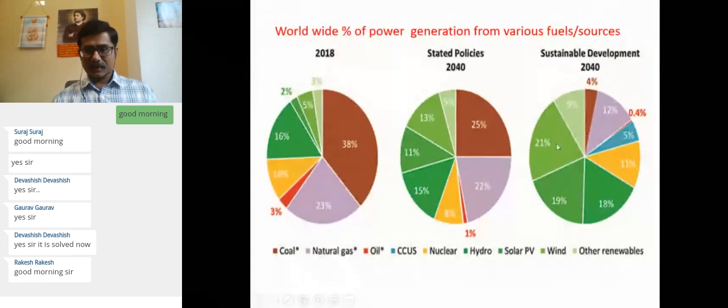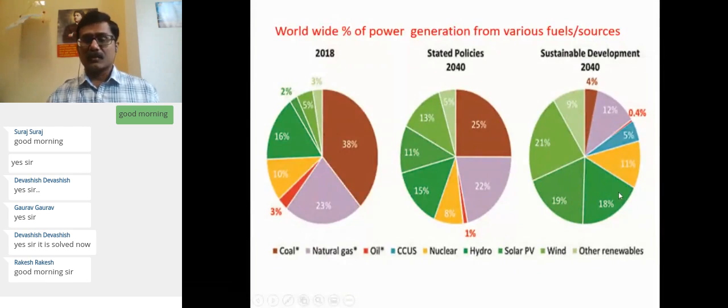So these are the trends that we can see in the coming 20, 25 years. That is definitely on the positive side, that we can have the potential for the non-conventional or renewable forms of energy.